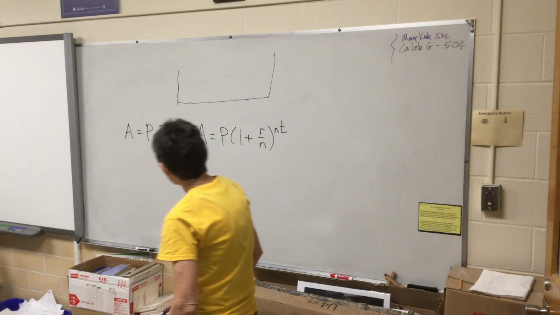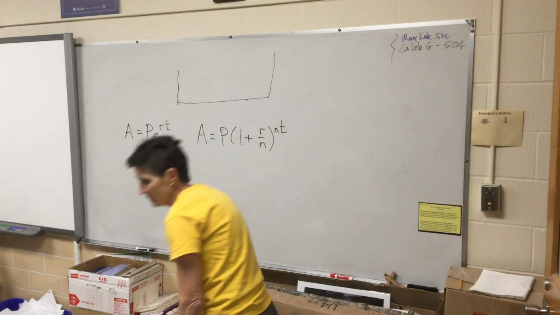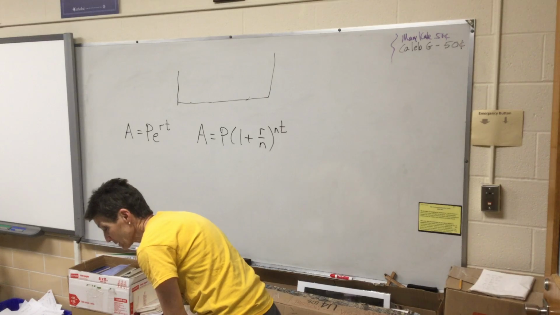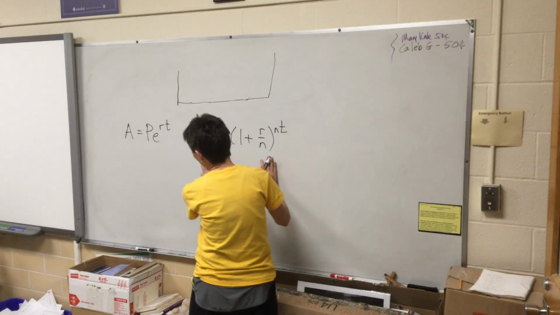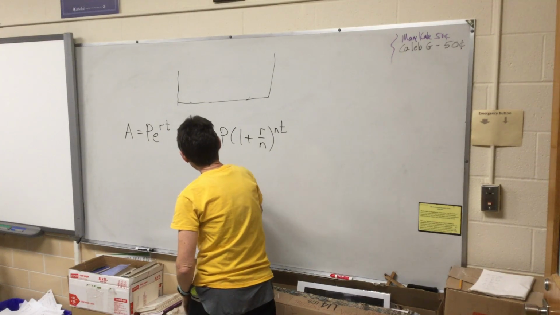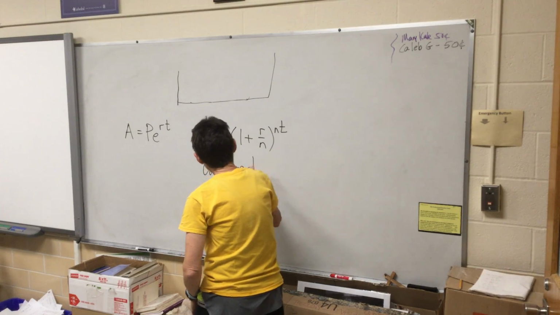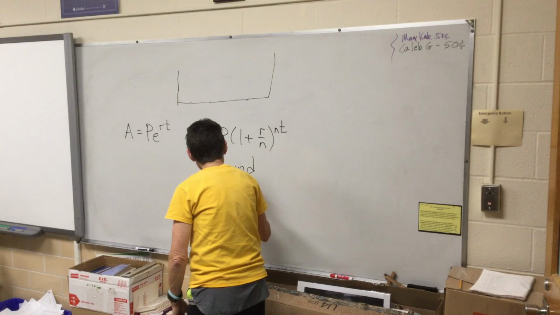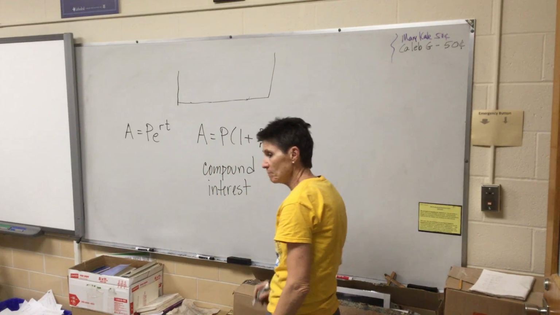All right. These are two formulas that deal with growth. This one deals with what we call compound growth, and it is only used with money because the only compound growth there is in the world is money.